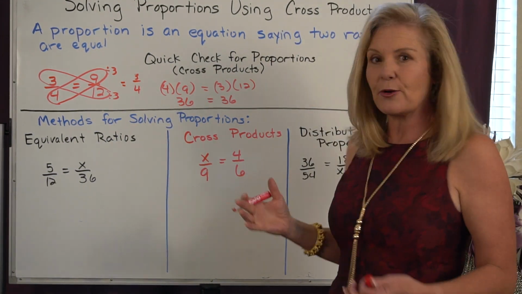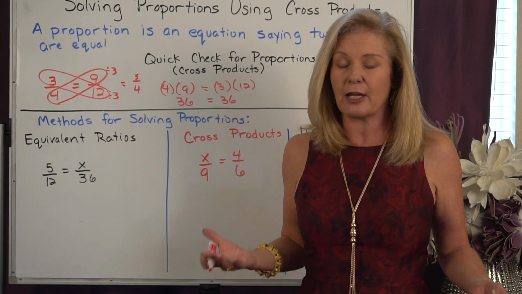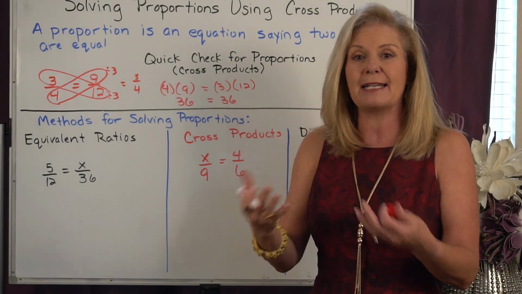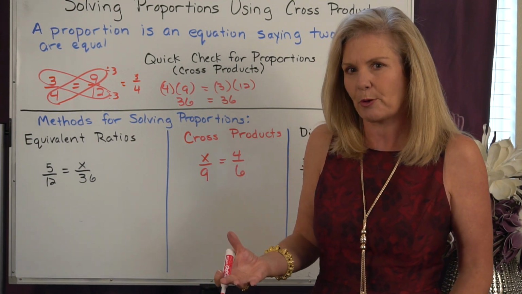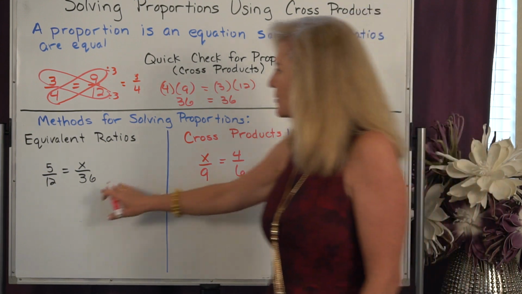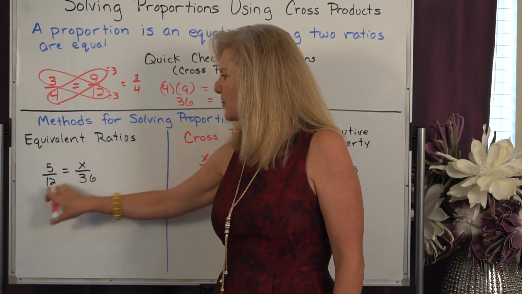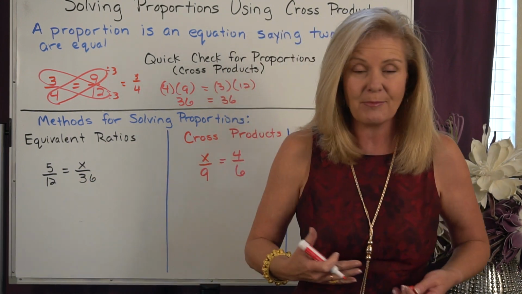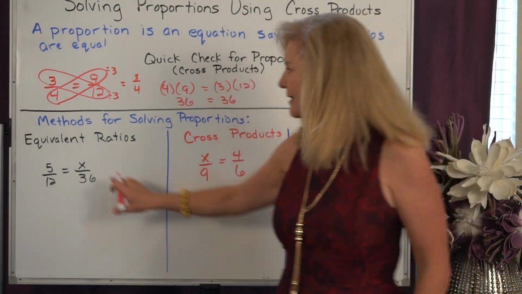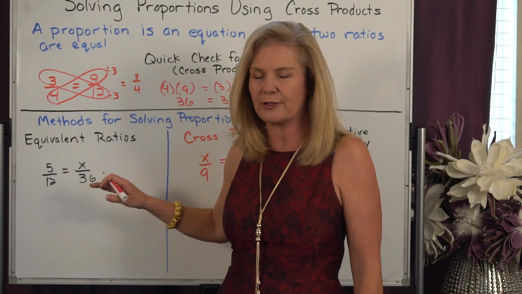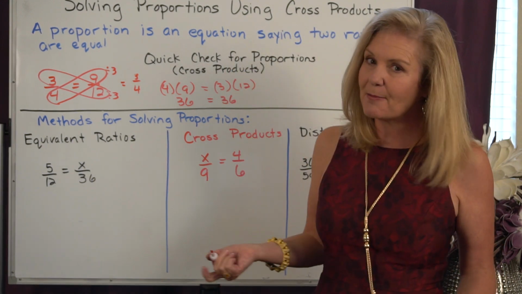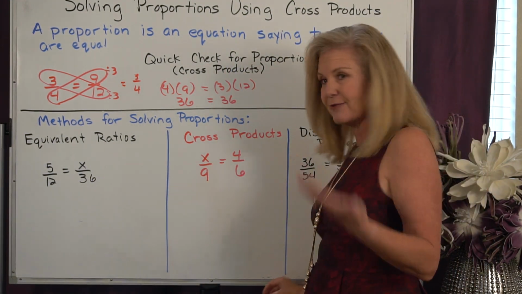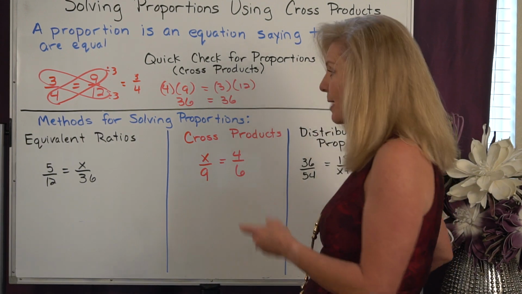Now, we know that sometimes we're given an unknown and we're trying to find a ratio that would be proportional to another ratio. An example of this would be 5 is to 12 as x is to 36. Now my job is to make sure that these become equivalent ratios. Sometimes the math is really easy, and all I have to do is look at the numbers that are given.